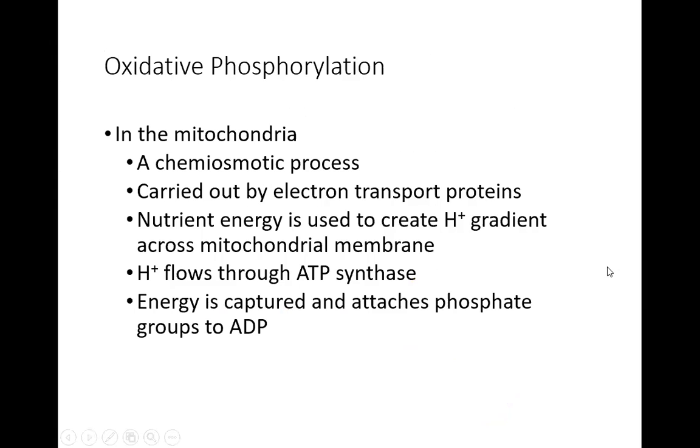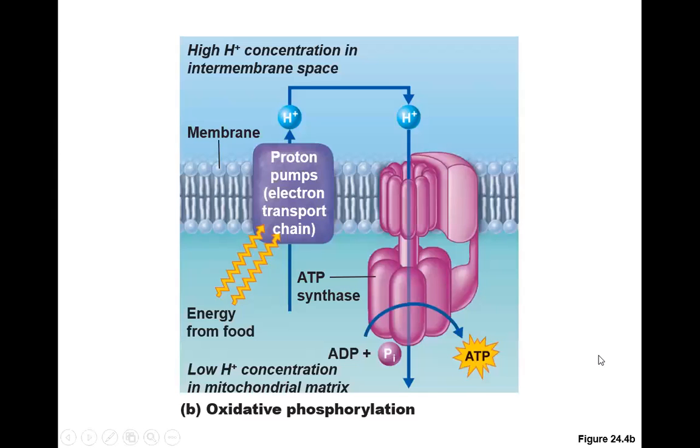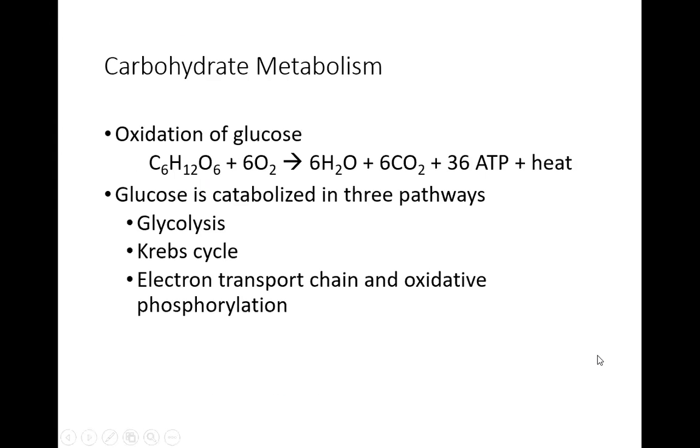Oxidative phosphorylation is in the mitochondria in the electron transport chain, and we use both the hydrogens and the electrons. Let me show you how this is done. Okay, so the first step, metabolism of carbohydrates.